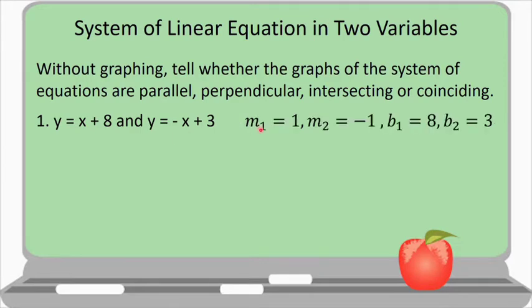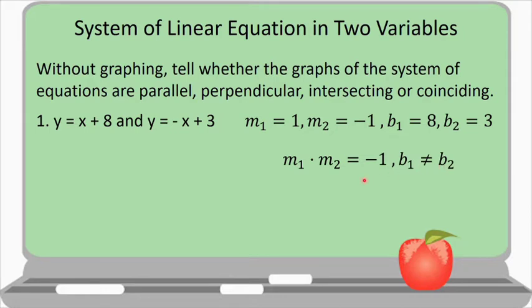The slope of the first equation is 1 and the slope of the second equation, or m sub 2, is equal to negative 1. The y-intercept of the first equation is positive 8 and the y-intercept of the second equation is positive 3. So the product m sub 1 times m sub 2 is equal to negative 1, and b sub 1 is not equal to b sub 2.